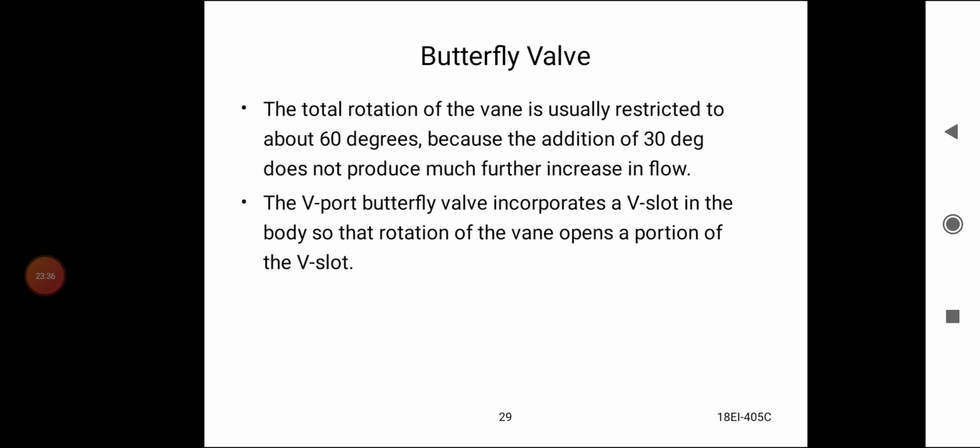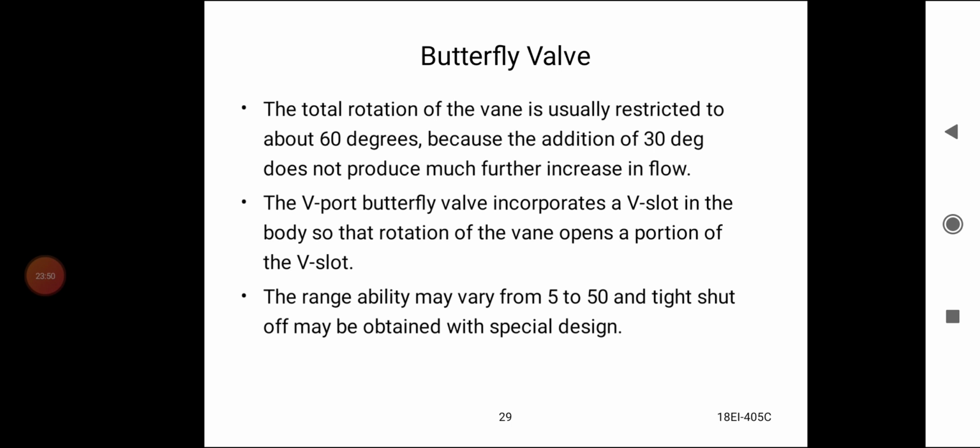The V-port butterfly valve incorporates a V-slot in the body so that rotation of the vane opens a portion of the V-slot. The rangeability may vary from 5 to 50, and tight shut-off may be obtained with a special design.